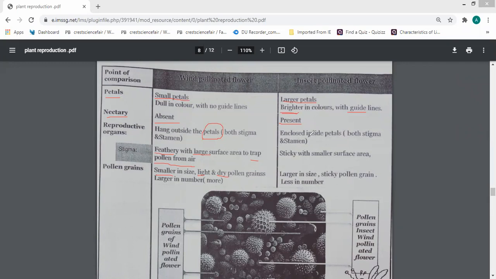And the stigma must be sticky with a smaller surface area. The pollen grains must be large in size and sticky and have spikes to attach to the insect's body.